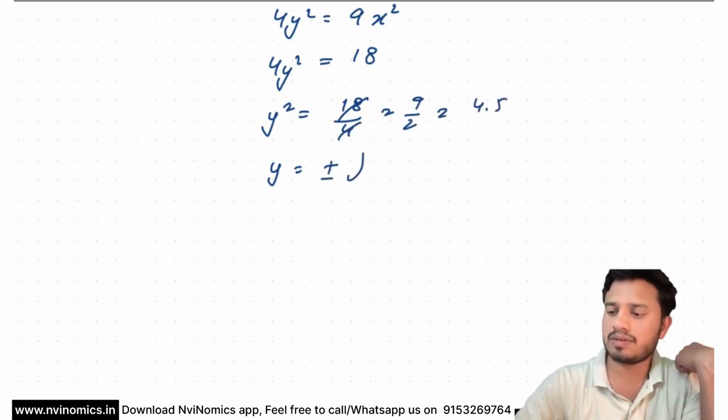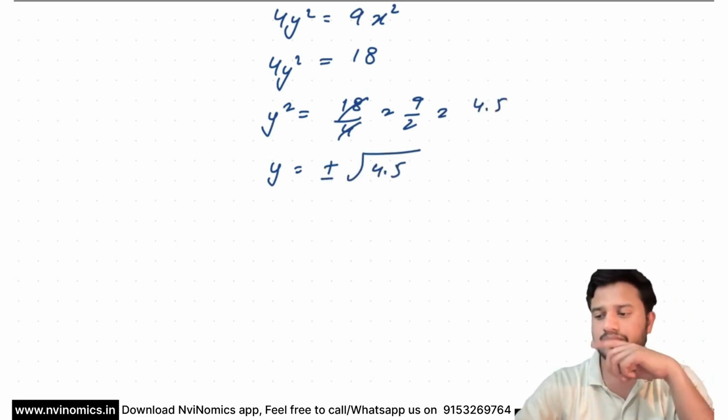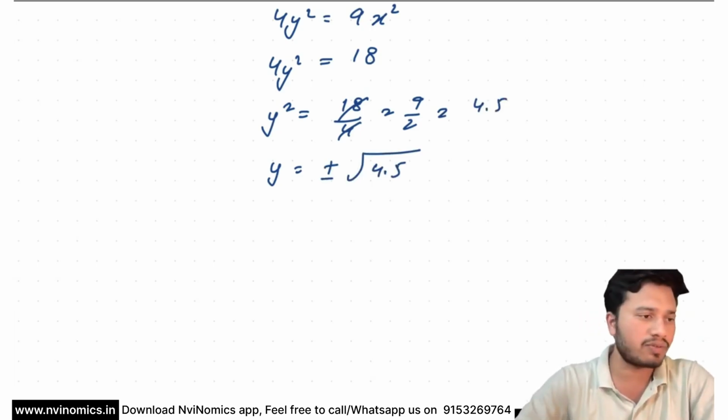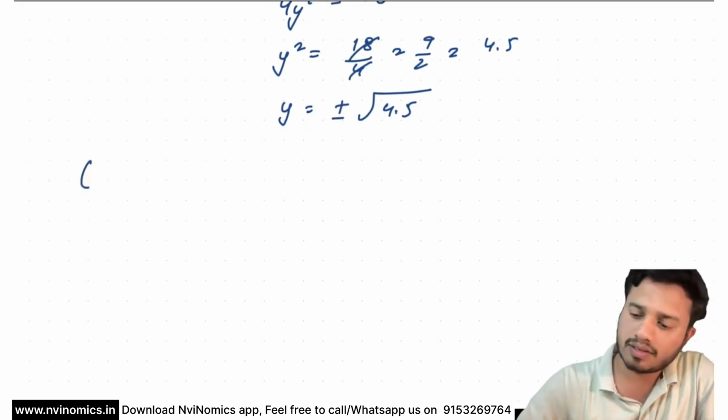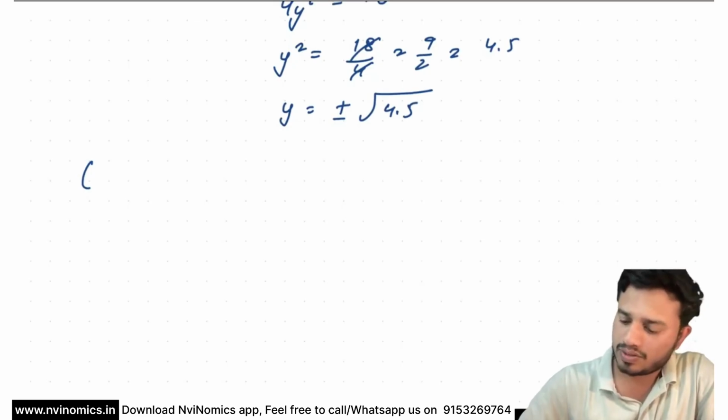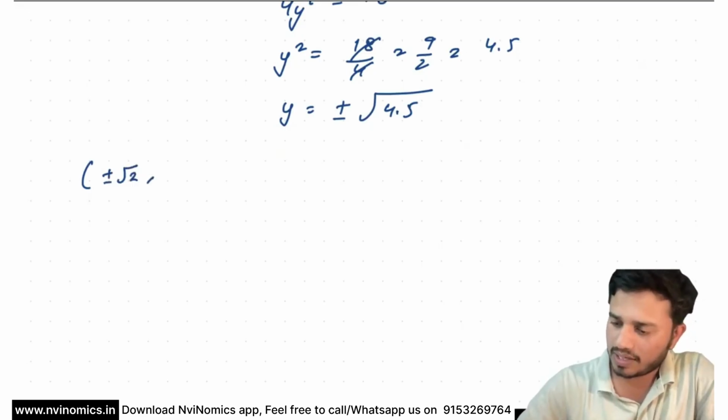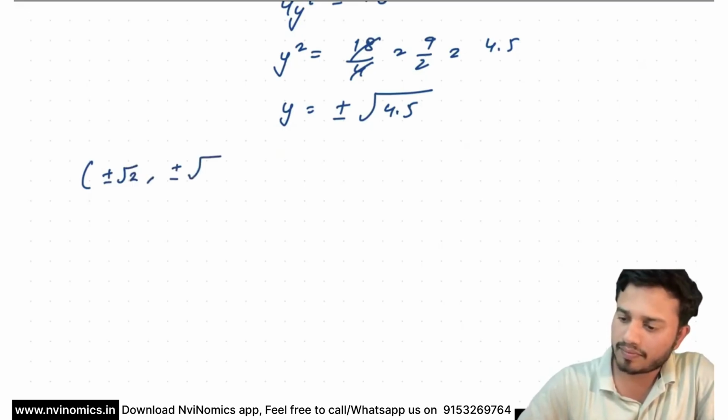So you will get plus minus under root 4.5. Now you have both the points. You have x equals to plus minus root 2 and y equals to plus minus root 4.5.